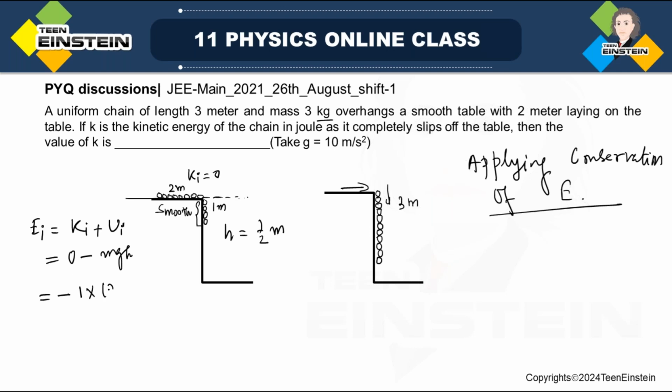And h will be half meter, so you'll have -5. This is the initial energy, and the total energy is conserved.